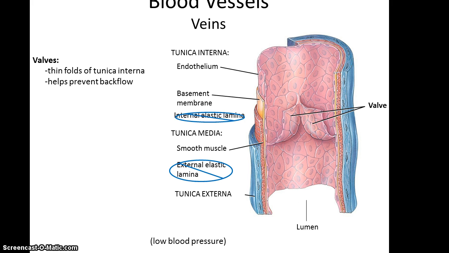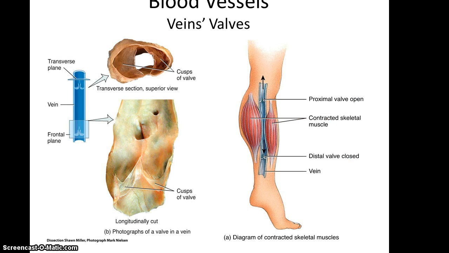You need these valves because veins have a much lower blood pressure than arteries. Arteries need to be stretchy because they get a huge amount of pressure coming right out of the heart, boom, boom, boom, and by the time it gets to the veins, a lot of that pressure has dispersed. Blood is a little more sluggish, so you need these valves to prevent backflow.